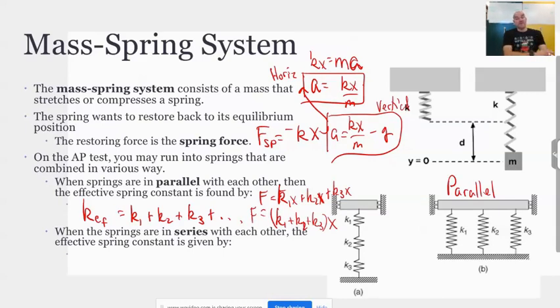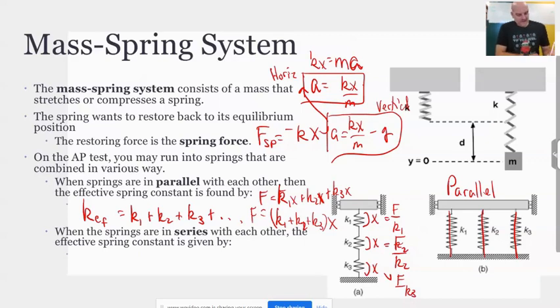Now, it's a little bit different when the springs are in series. The reason the other is called parallel is that you can see these springs will not touch. Springs in series are connected end to end to each other, which means they're not going to stretch the same amount, because each one has its own K value. So for each one you need to figure out how far it moves. They have the same force applied to them, so that would be F over K1, F over K2, and F over K3.